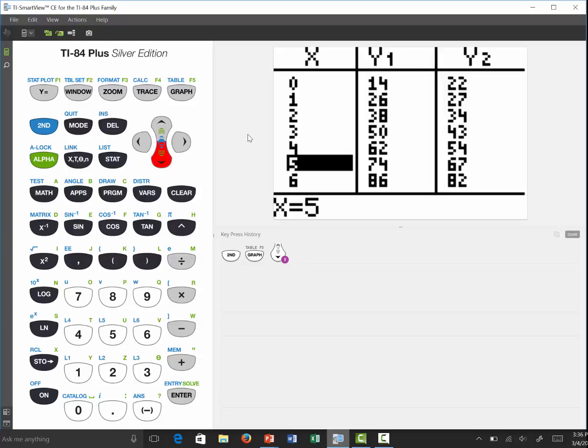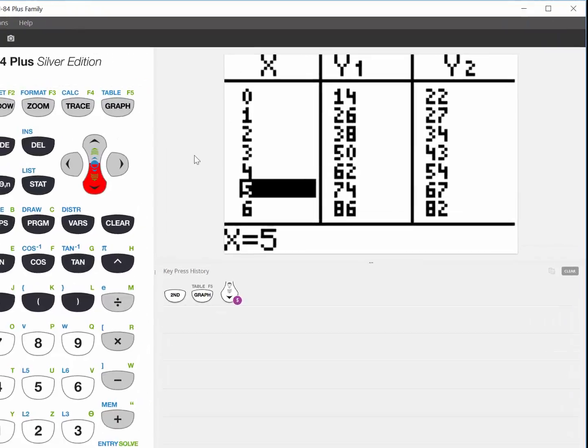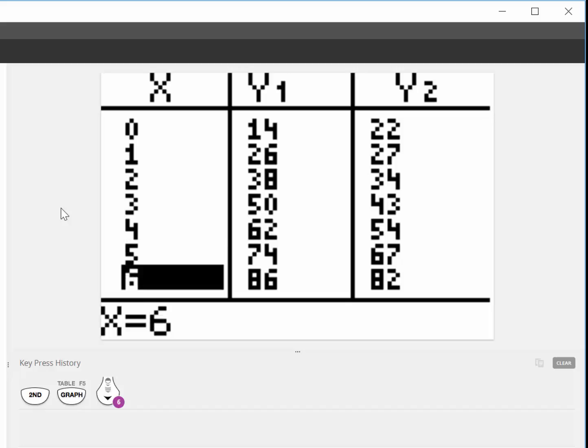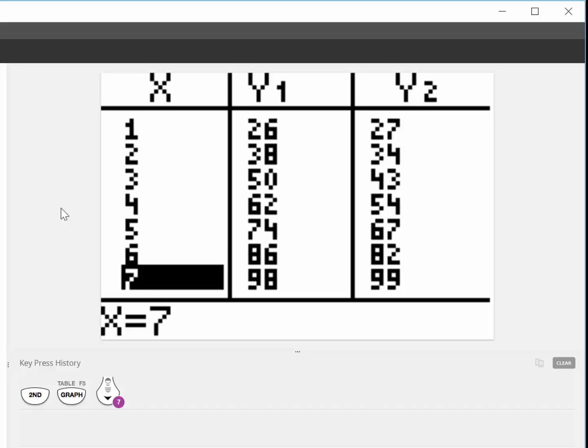So 2000, t would be equal to 5. Y1 is the linear model. It's estimating 74,000. And Y2 is the quadratic. It's estimating 67,000. So for 2000 and also for 2001, when t is 6, the linear model is larger.